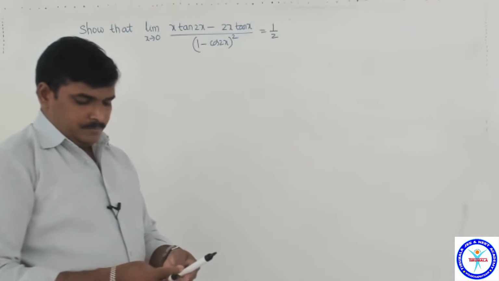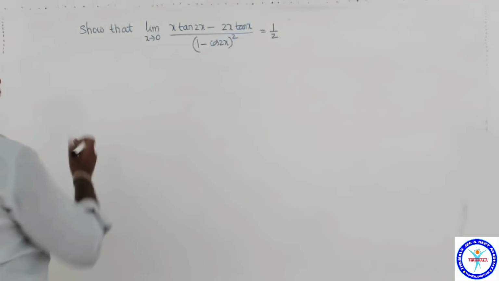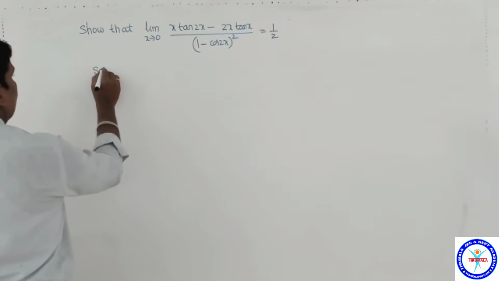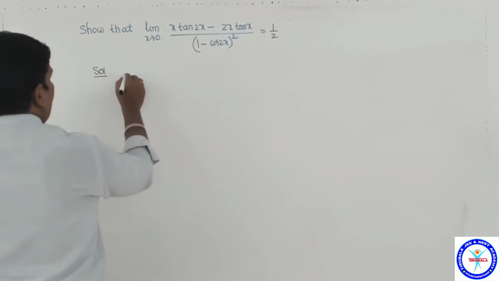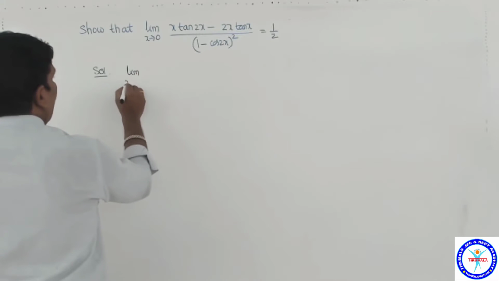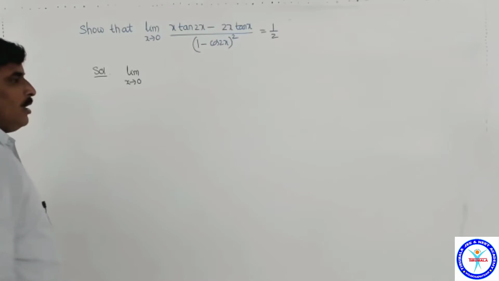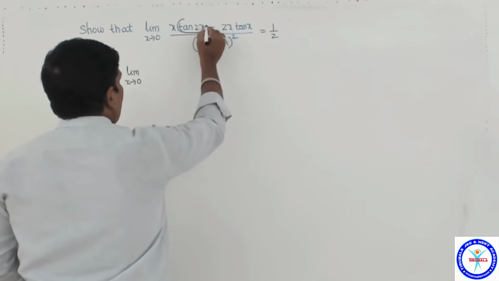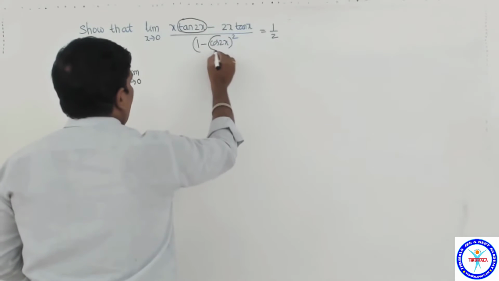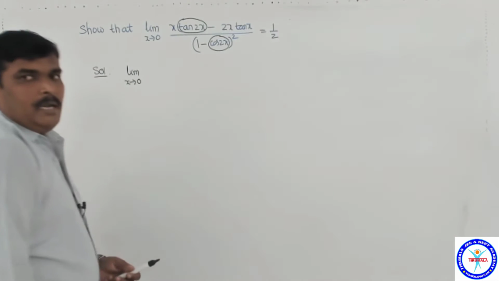Okay, students, see here. Now limit x tends to 0. First of all, substitute the value of tan 2x and the value of cos 2x in terms of tan x.